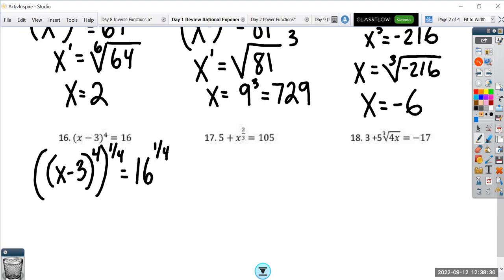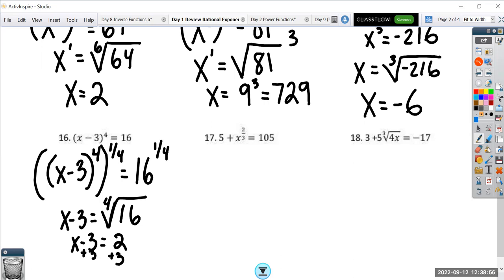That leaves me with x minus 3 equals the 4th root of 16. Well, I know 2, 4, 8, 16, so x minus 3 equals 2. Now we have an additional step to get x by itself. I'm going to add 3 to both sides to get a final answer of x equals 5.